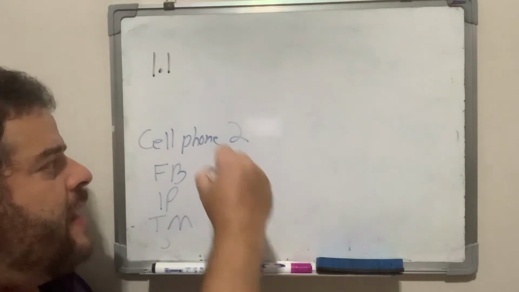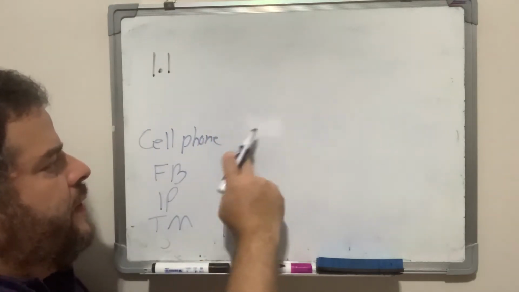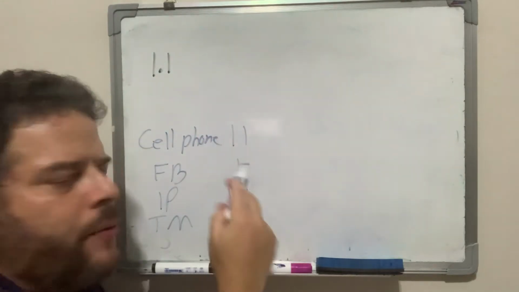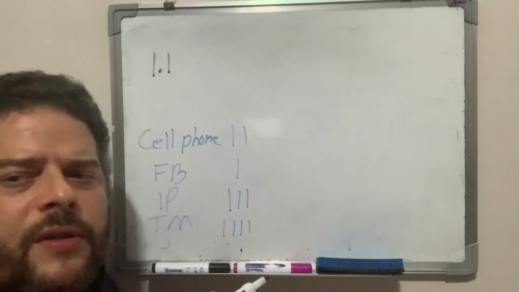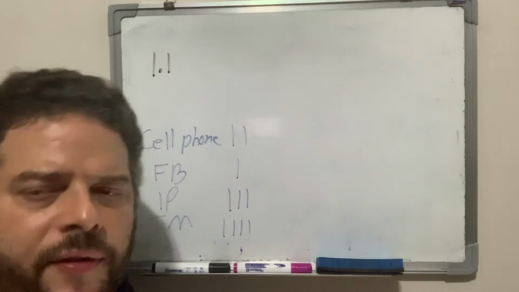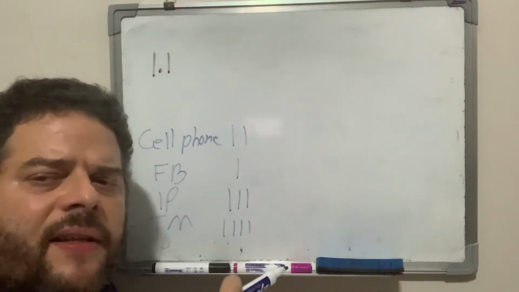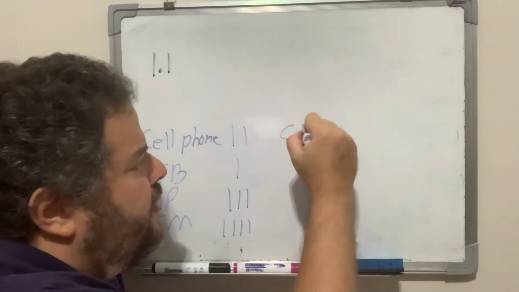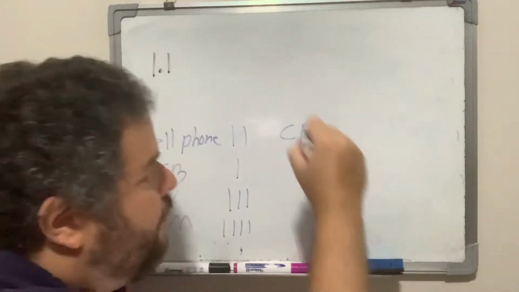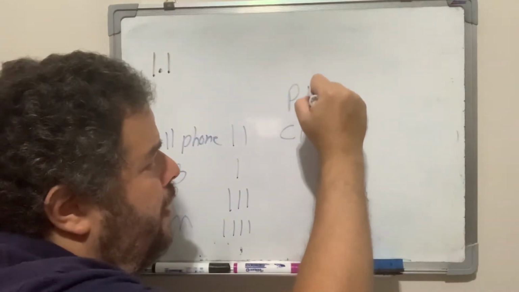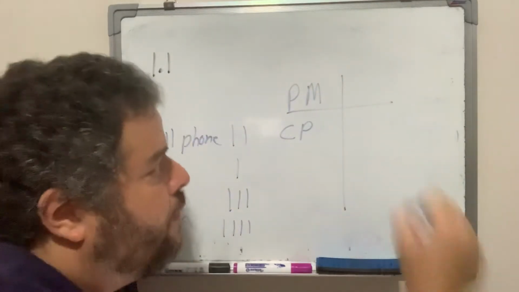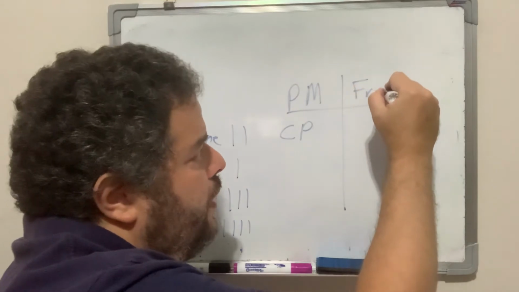Now remember, tallies, since it's tallies, you just mark them off. 1, 2, 3, 4, 5. But in a frequency table, we're not going to show off all the tallies. So we're going to actually turn the tallies into numbers. So a frequency table, all it says is preferred method up here, and then here, we just put the frequency.